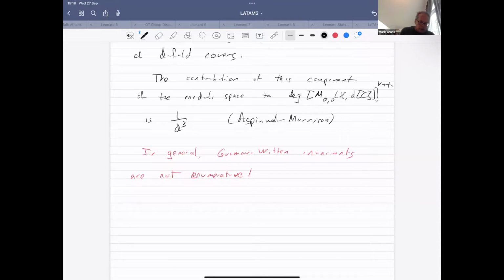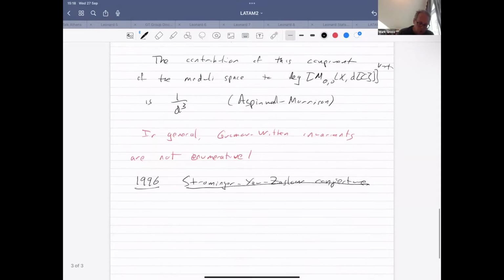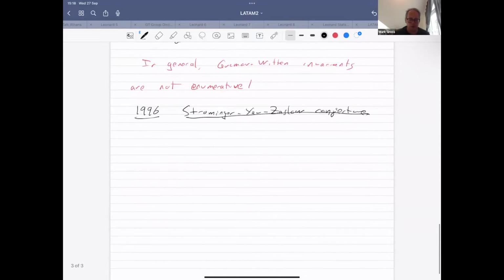But now let's move on in our historical survey to what for me is the most crucial point, also 1996, the so-called Strominger-Yau-Zaslow conjecture. This conjecture plays an important personal role for me because I hadn't been doing mirror symmetry until it came out. I felt this is what I'd been waiting for to allow me to understand geometrically what's going on in mirror symmetry.